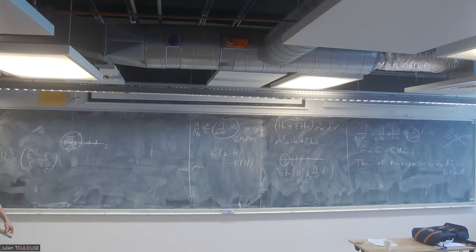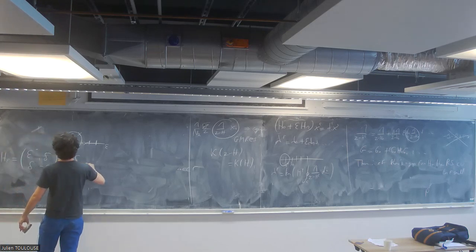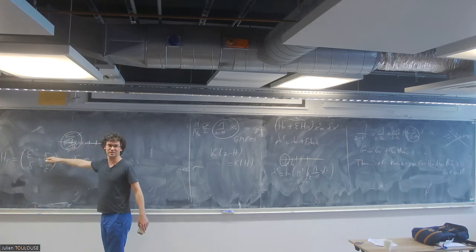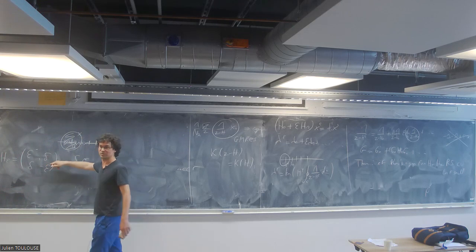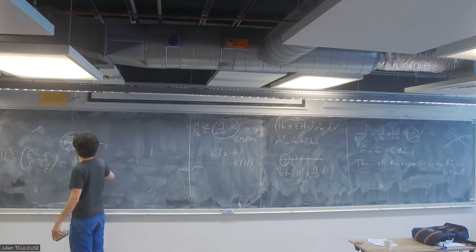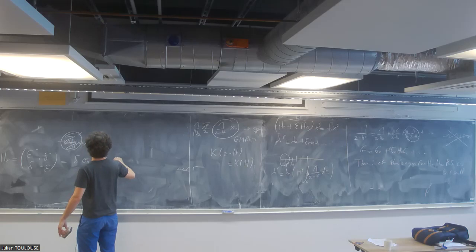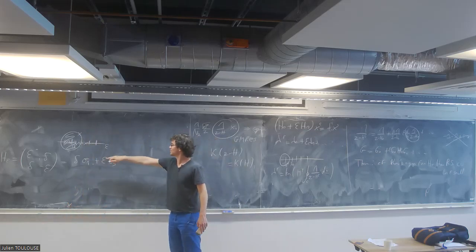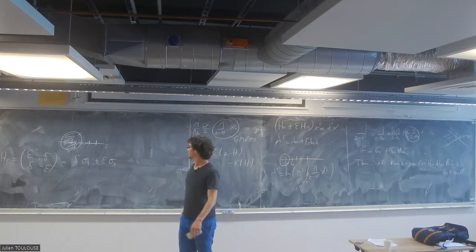The physicist trick is to write them with Pauli matrices. So this is sigma, delta sigma. You've got to help me, what is this one? Sigma y, sigma 2, sigma 1. I always get mixed up.